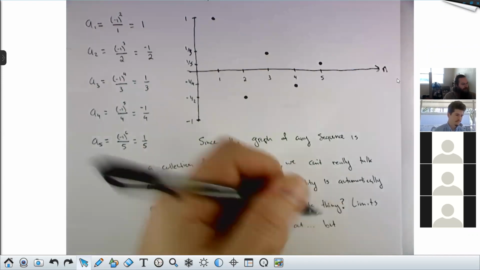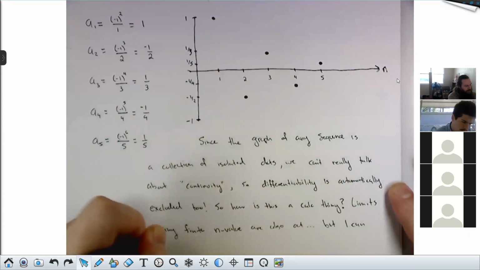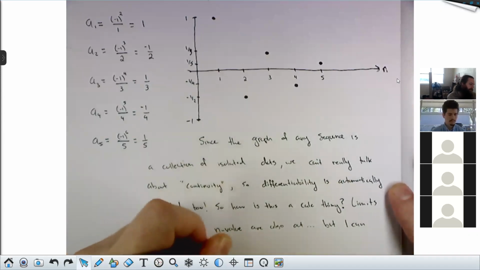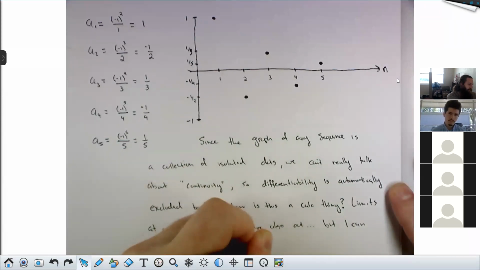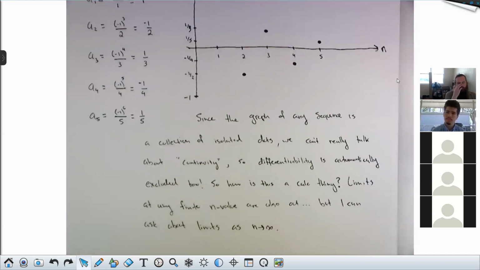But I can ask about limits as n goes to infinity. And it turns out there's a notion of integration for sequences as well. They're called series. A series is the integral of a sequence.